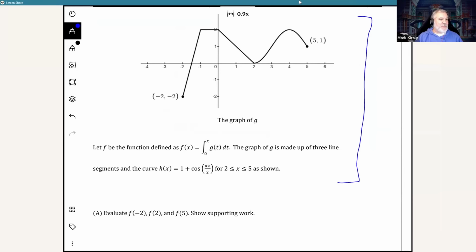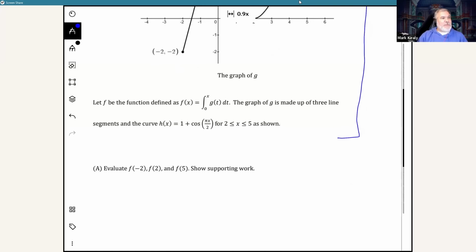The graph of g is made up of 3 line segments, which we can see, they are not lying to us, and the curve h of x, which is 1 plus cosine of pi x over 2 for the interval from 2 to 5. So that's this piece of the graph they are giving us with a trigonometric equation. And then we get to the non-stem, the leaves, I guess.